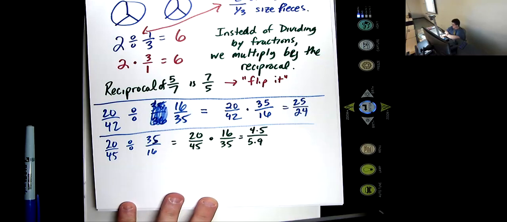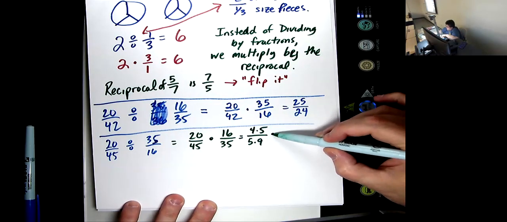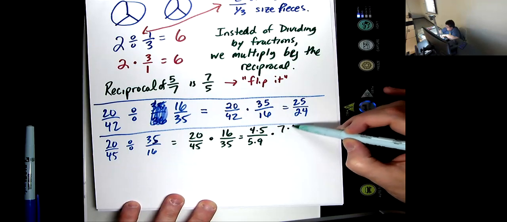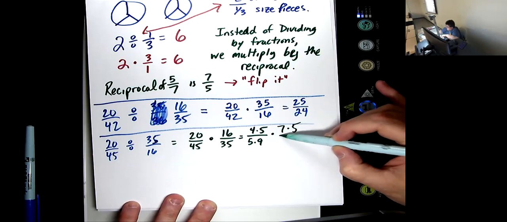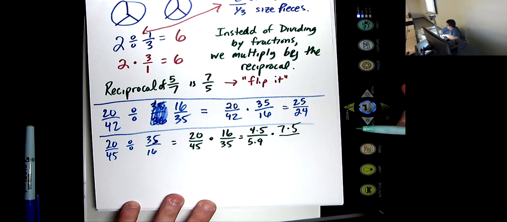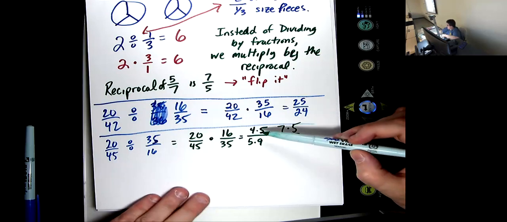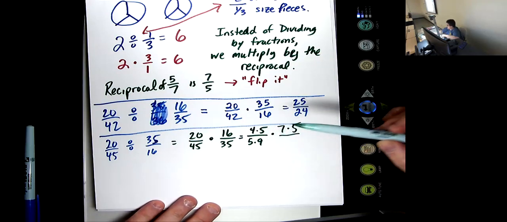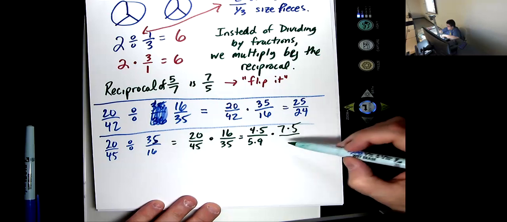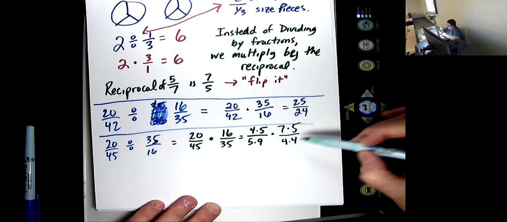Choose that option, because then the 5s will cancel. 35 is 7 times 5. 16, there's a lot of ways to do 16. I think we did 2 times 8 earlier, but I see a 4 here already. And I know 16 is divisible by 4. 16 is 4 times 4.